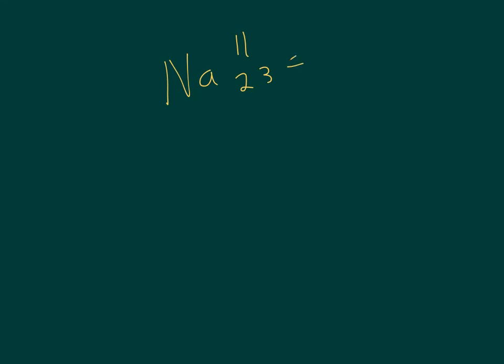So we have our mass, and we have our atomic number. And normally, if I were to ask you for a typical neutral atom of sodium, how many protons, neutrons, and electrons, you would say, well, the number of protons would be equal to the atomic number, or 11.